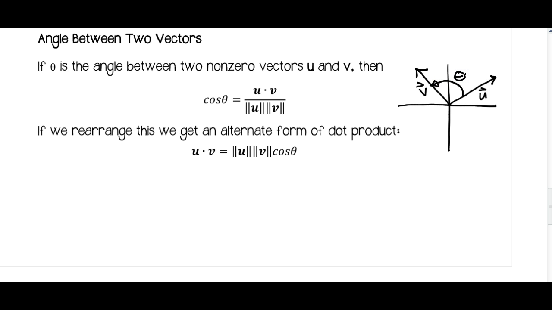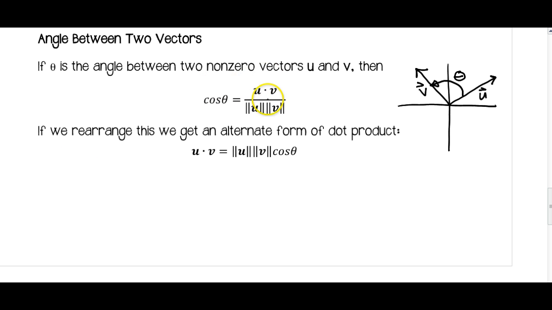Okay, and it's always going to be the angle less than or equal to 180, so keep that in mind. So if you notice here, we've got the cosine of theta. So at the very last step, we're going to have to do the cosine inverse. And then we've got the dot product in the numerator, and we've got the product of the magnitudes in the denominator.